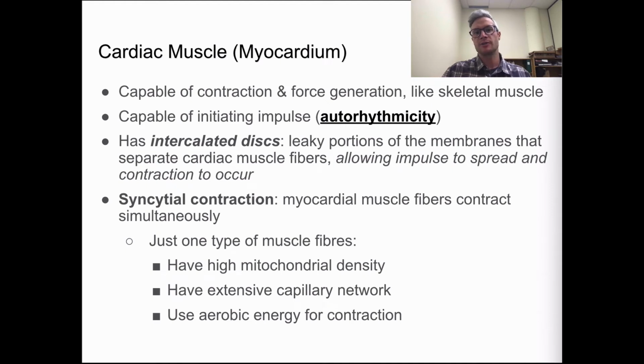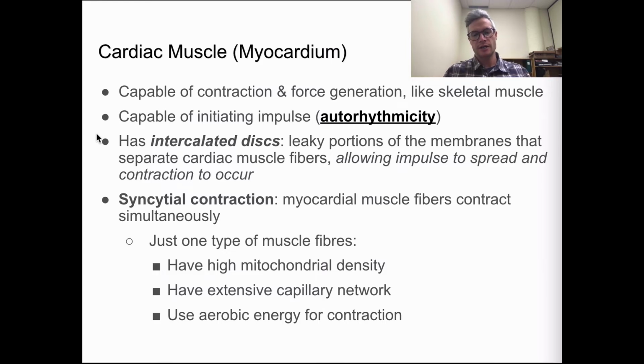So cardiac muscle, with myo being muscle and cardium being our heart. I spoke in the last lecture about how there were these leaky connections between the cardiac muscle cells of the heart, the intercalated discs.